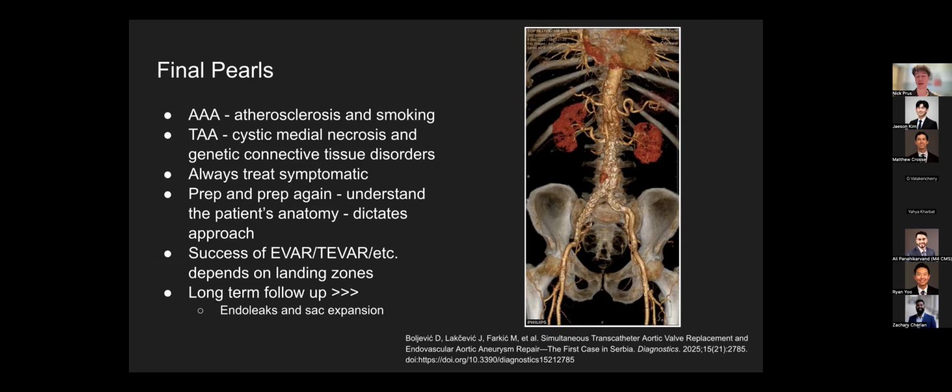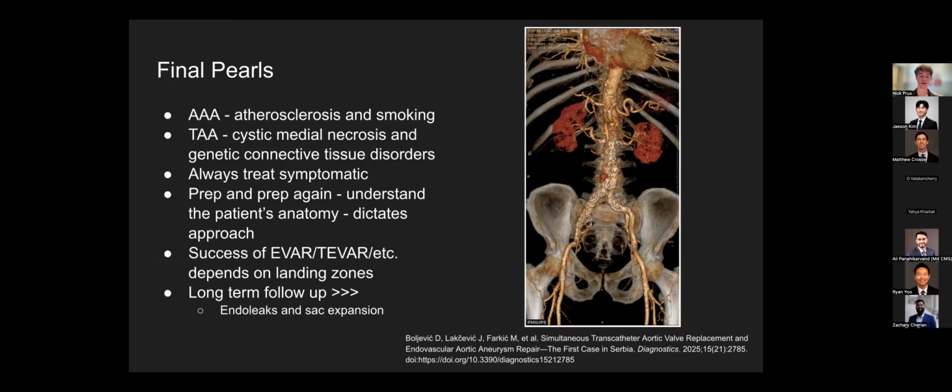If patients are symptomatic, you always want to treat them. It's important to prep and prep again, and understand the patient's anatomy. It dictates the approach. Both the sac itself and access, all of it is important in delivering a graft that is able to be there long term.